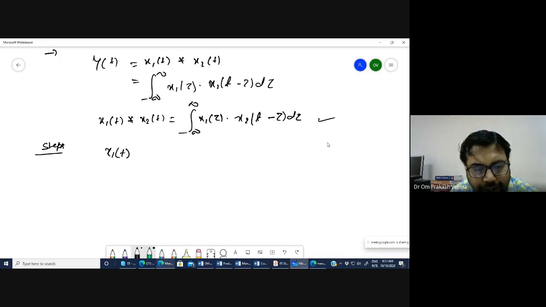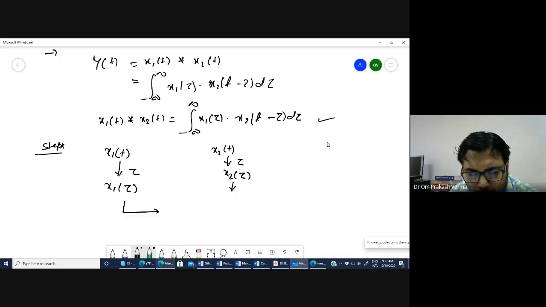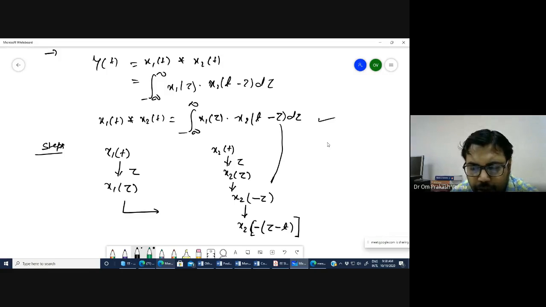First of all, x1(t) is replaced by x1(tau), t is replaced by tau, and x2(t) again is replaced by x2(tau), and then x2(tau) is replaced by reversing, x2(minus tau). First I replaced x2(t) by tau, then I applied the reversal rule or the folding rule, and then this x2(minus tau) is shifted by t, so it becomes x2(t minus tau). It is shifted and reversed, so it becomes the same, yes or no?